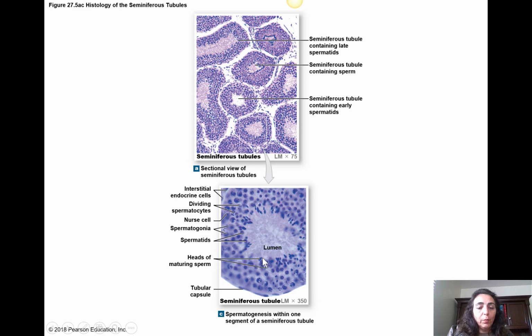Now we're going to talk about all types of the cells inside of each tubule, from the outside, from the capsule, all the way toward the lumen. This seminiferous tubule, as we discussed, is the place where the sperm is going to be produced. And the direction of the production of the sperm starts from the periphery and goes all the way toward the lumen.